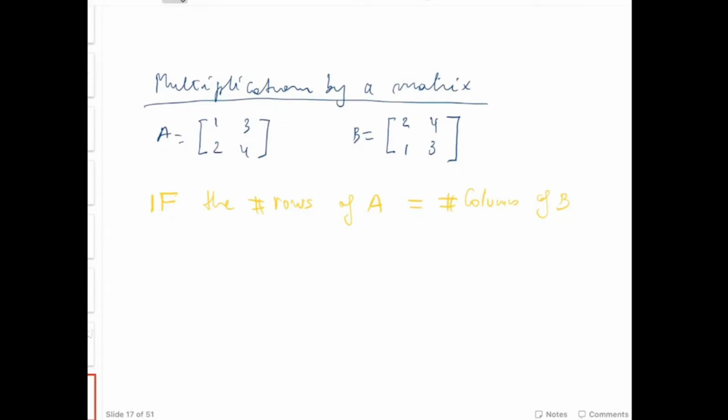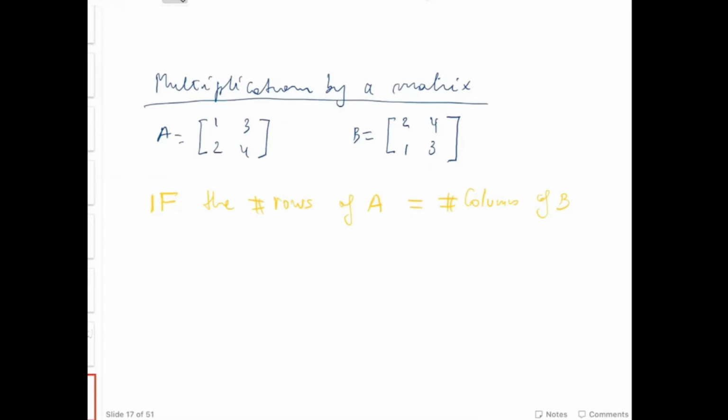When you check the product of A and B, there's a formula, but I'm going to show you the simplest way to compute A multiplied by B, so you don't need to remember the formula.